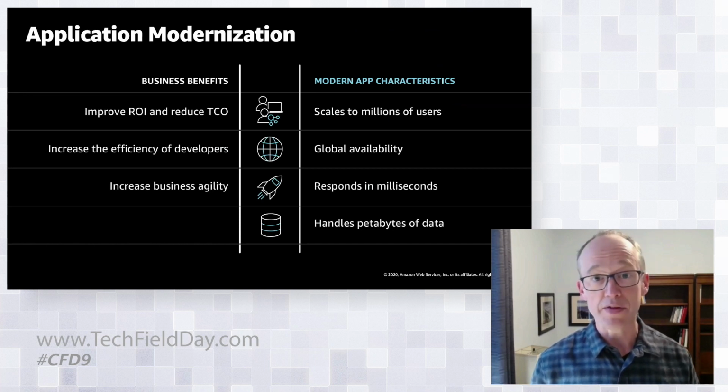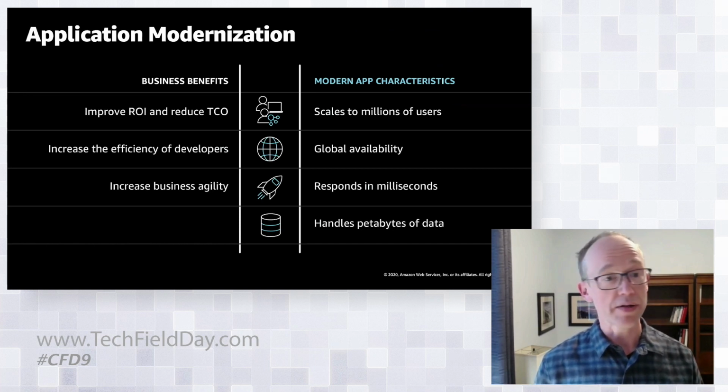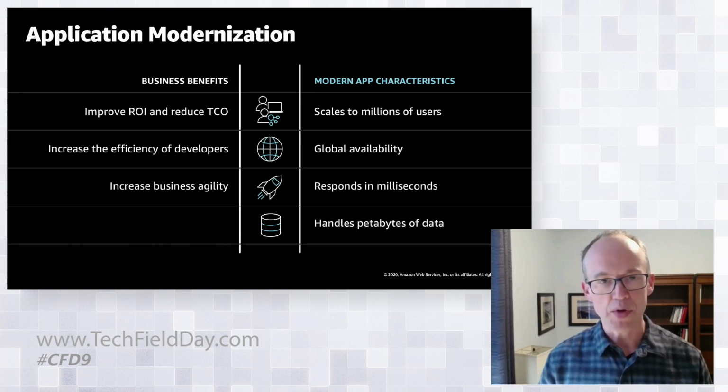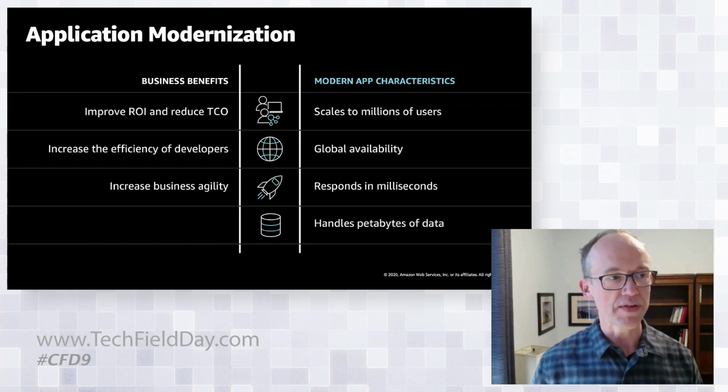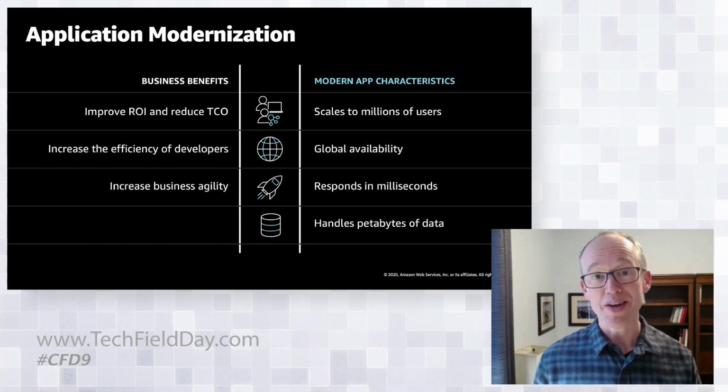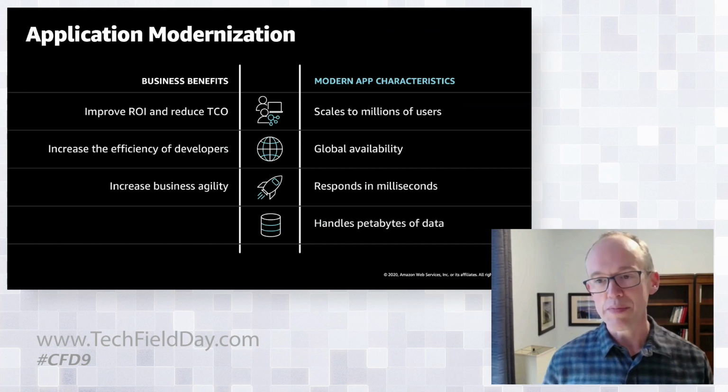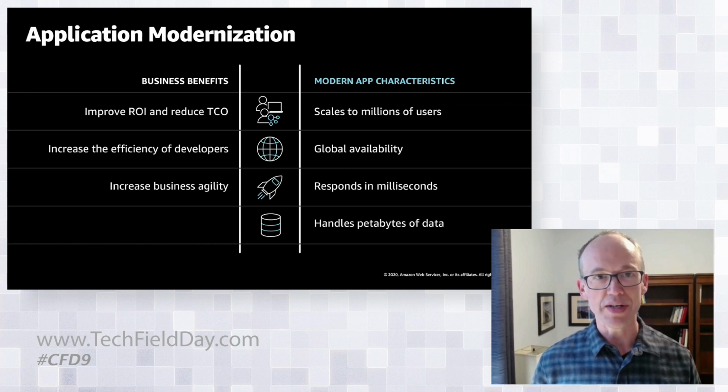Well, commonly it's ROI. You're trying to get the most bang for the buck out of the investments that you're making. You're trying to reduce your total cost of operation. You're trying to make your developers super efficient, because as much as people might focus on your cloud bill, the fact is for a lot of organizations, it's the cost of the people that's the biggest thing that they're paying for.